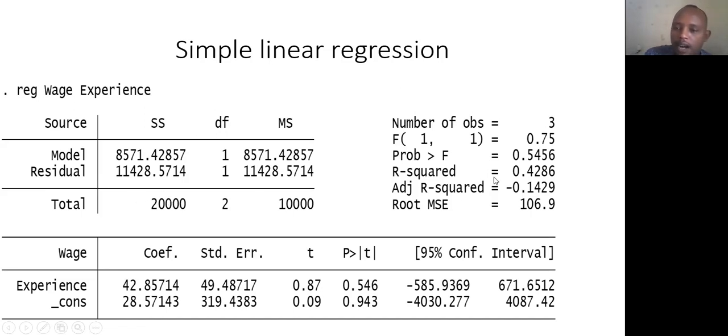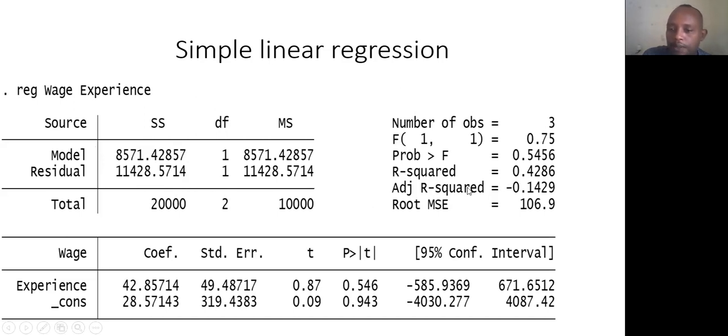How can we get R squared here? By dividing the model variation by the total variation, or simply the contribution of the variation of the model to the total variation. That is R squared.